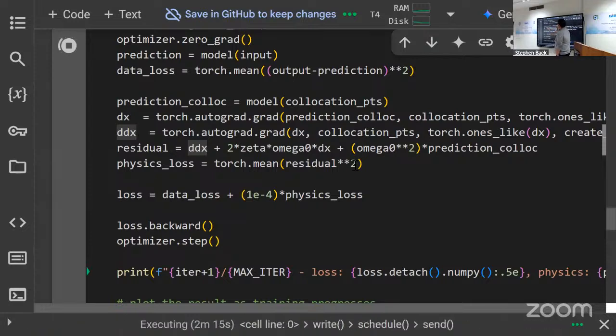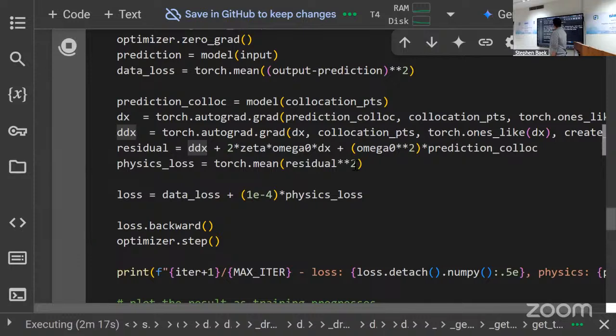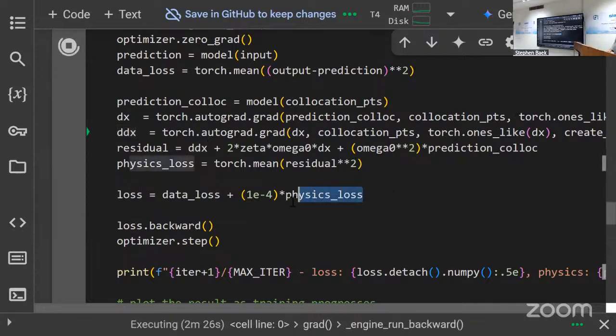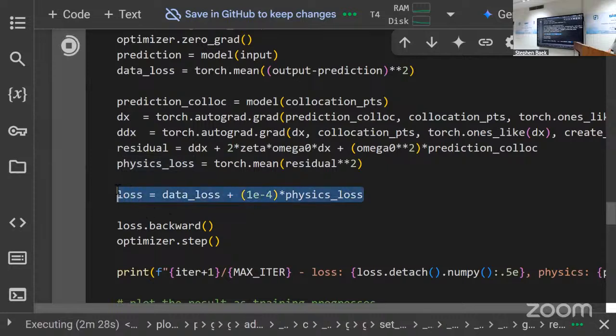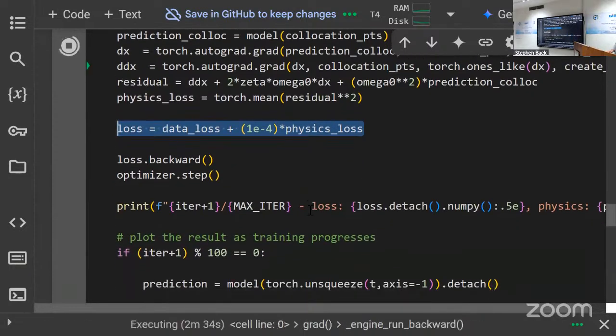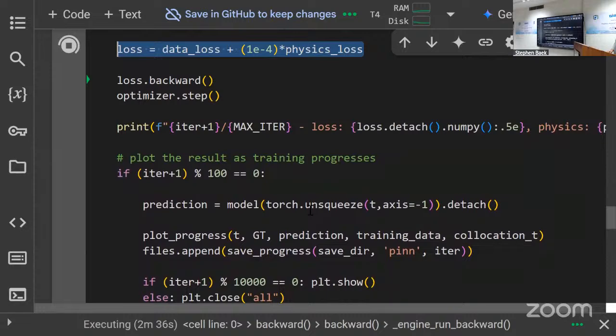And then those derivatives are used to calculate the residual of the governing differential equation. And that's essentially how you define the loss function. The total loss is defined as the data loss plus the physics informed loss. And that's pretty much it.